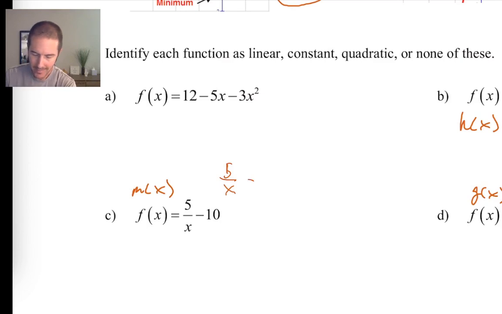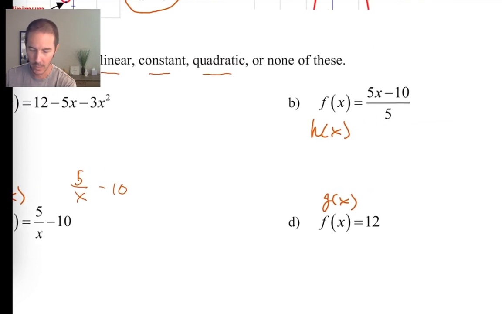And then with a minus 10 at the end, we'll have more in-depth conversations later about the fact that that would take our graph and shift it down 10 units. So this is a modified version of one of our parent functions, the reciprocal function, but this is not a linear, nor a constant, nor a quadratic function. So it's none of those three, but it is a function that we will work with later.